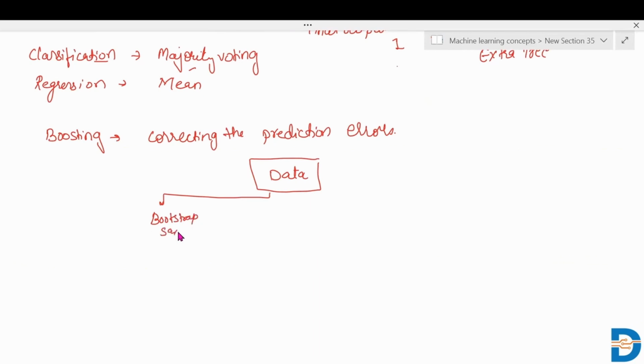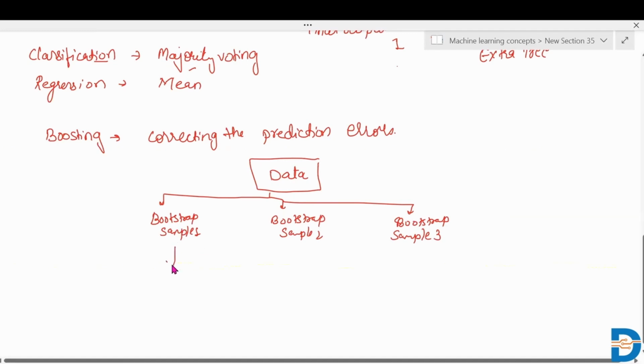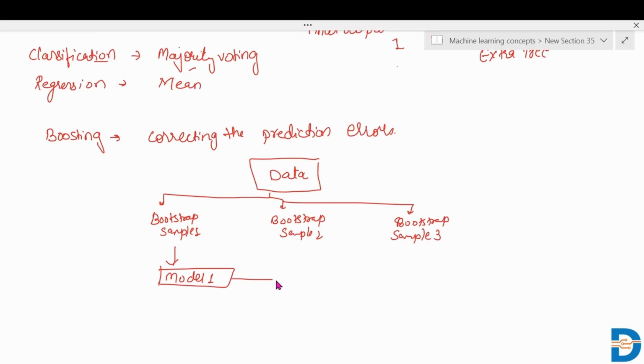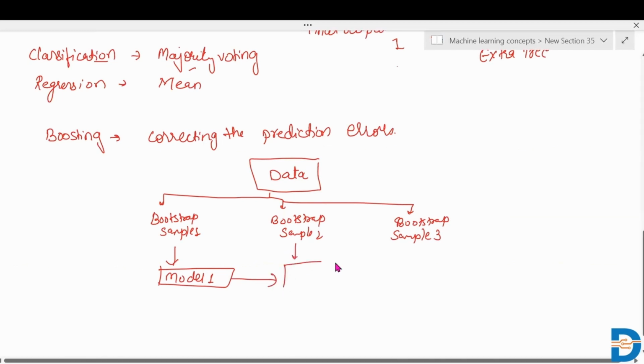Bootstrap sample 1, bootstrap sample 2, for example, we are taking here 3 samples, bootstrap sample 3. Okay, so now this is fed to a model, for example, model 1. So what mistakes or errors are made by this model will be corrected by model 2.